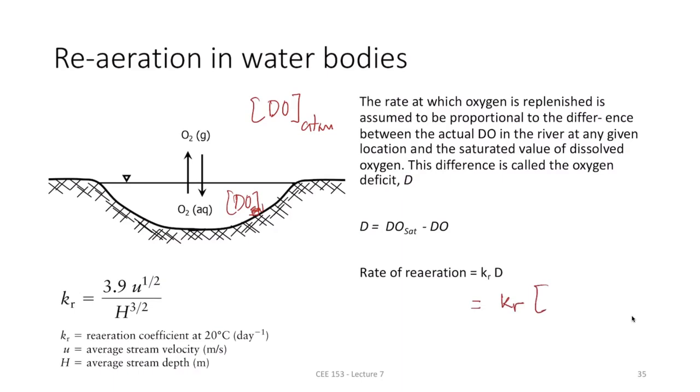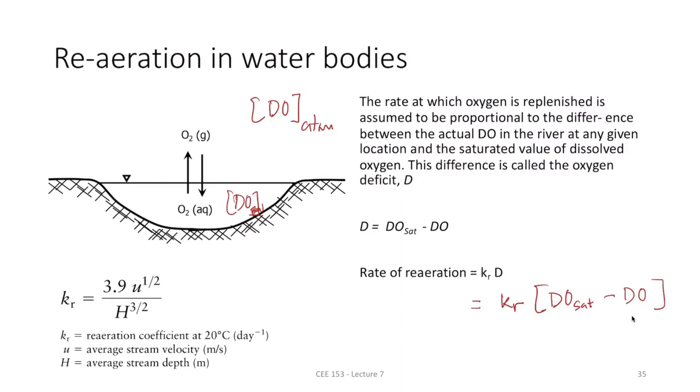Deficit means the maximum amount of oxygen that can stay in water minus the actual amount, which is the DO here. DO saturation means the thermodynamic maximum, because you can't put more oxygen than that in the water in normal conditions. So this is the rate at which oxygen is being dissolved into the water. That Kr again depends on a couple of factors. Because atmospheric oxygen concentration is constant, it doesn't really depend on oxygen concentrations, but it does depend on the velocity.